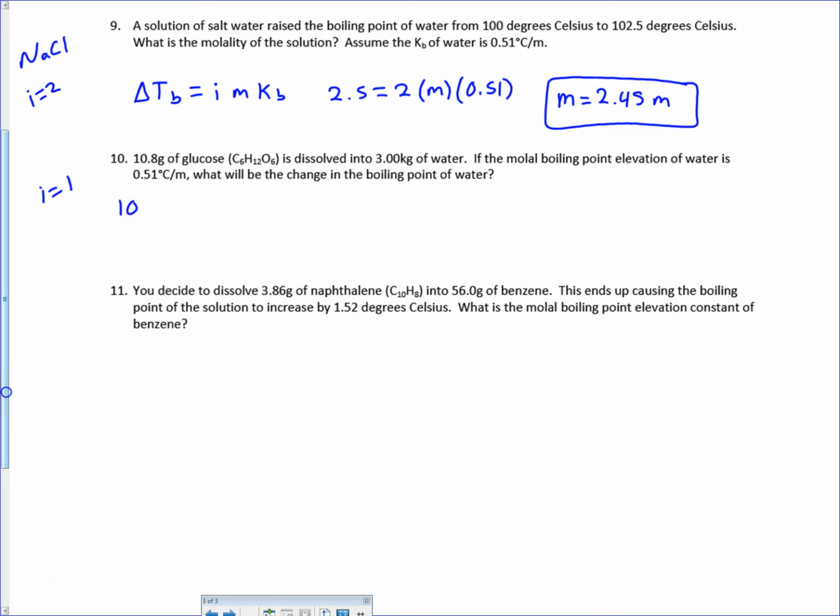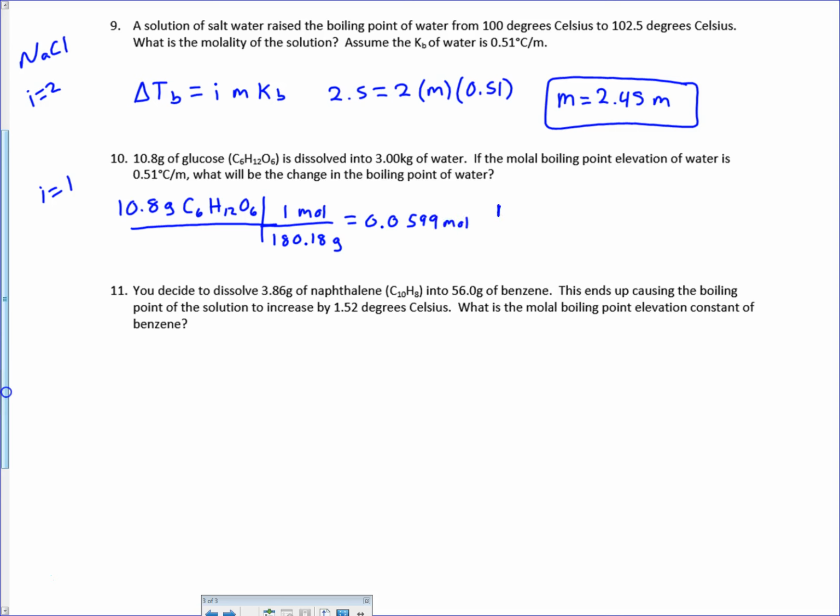So we start with 10.8 grams of glucose. The molar mass of glucose, if you add it up on the periodic table, is 180.18 grams for 1 mole. Multiply those together, you get 0.0599 moles.